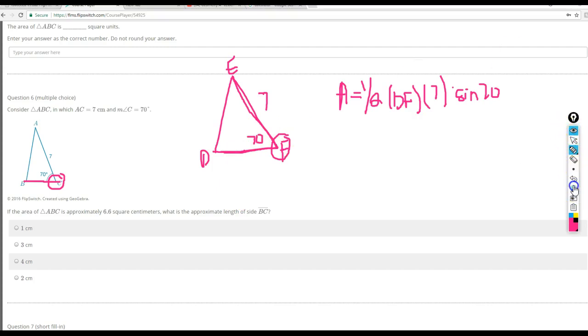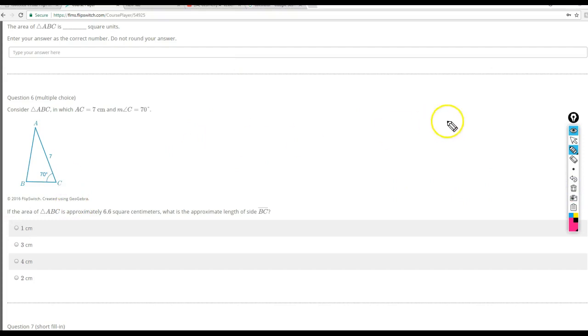So if we go back to this first question, then we can set up our area formula. The area is going to equal 1/2 an adjacent side length, which is unknown, and I'm going to label it as X instead of BC, because I feel like it's easier for me to remember X than BC.